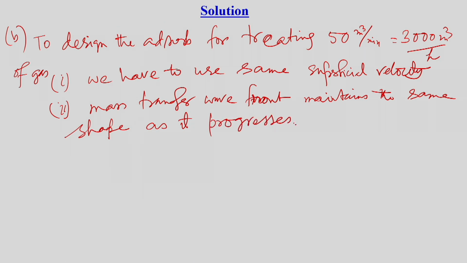Then we need to get the diameter of the bed from the superficial velocity.